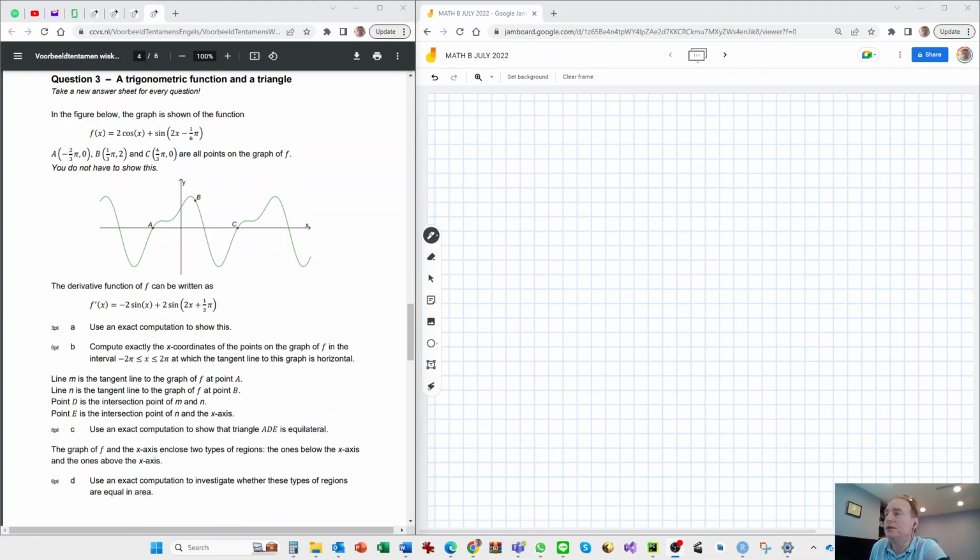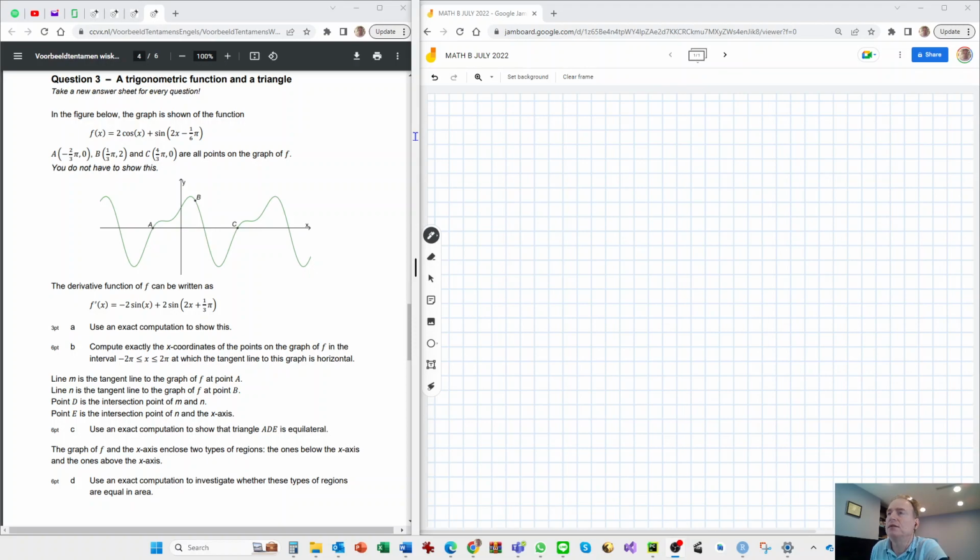Question 3D. The curve of f and the x-axis enclose two types of regions, the ones below and the ones above. Use computation to investigate whether these types of regions are equal in area. Well, we've seen that this is a periodic function, and the period can be found from the periods of the cosine and the sine.